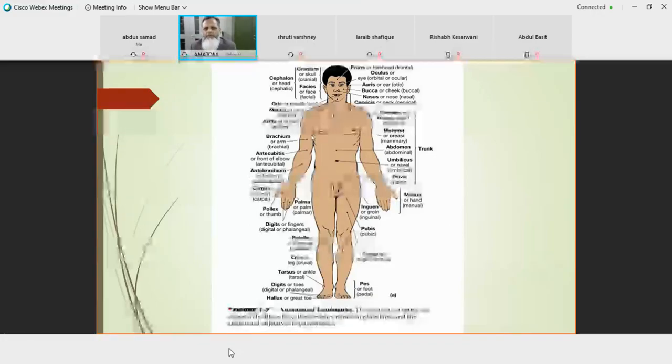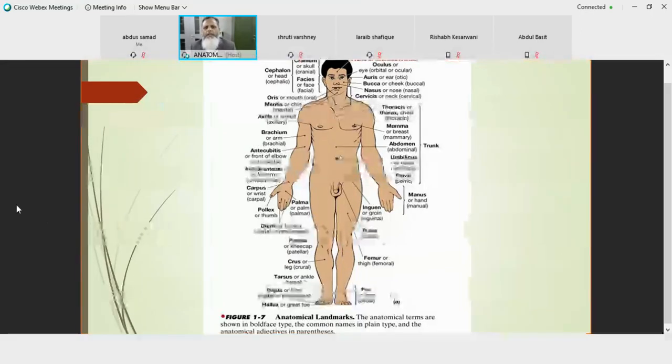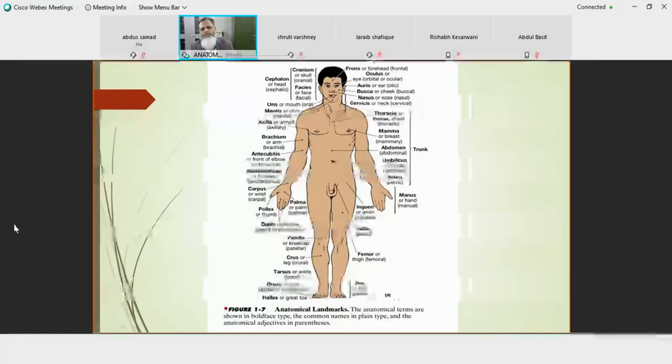Trunk is this part of the body, including the thoracic cavity and the abdominal part, thorax and abdomen. This is known as the trunk region. Above it is the head and neck region; the upper limb you know, including the shoulder, arm, forearm and the palm; lower limb including the thigh, the knee joint along with the leg and the foot. Now I am talking about the trunk.